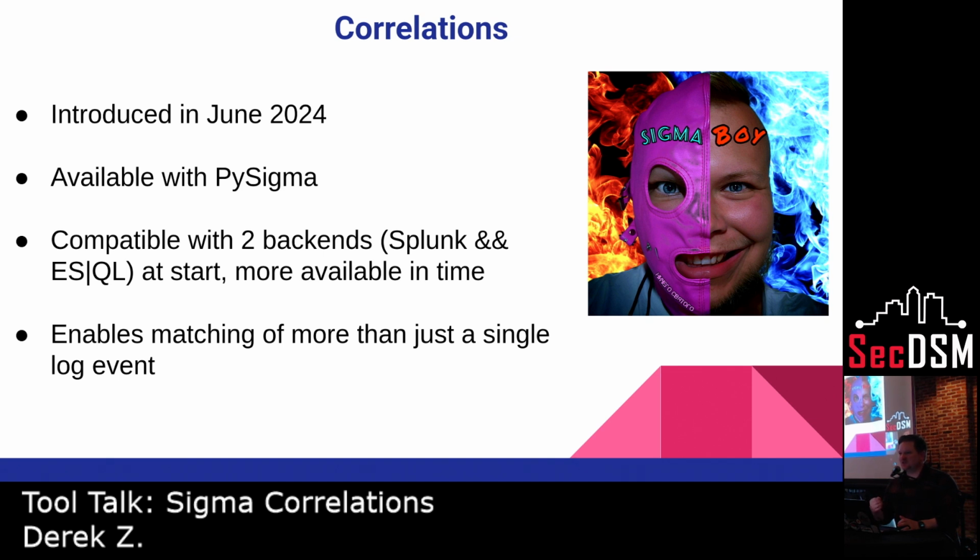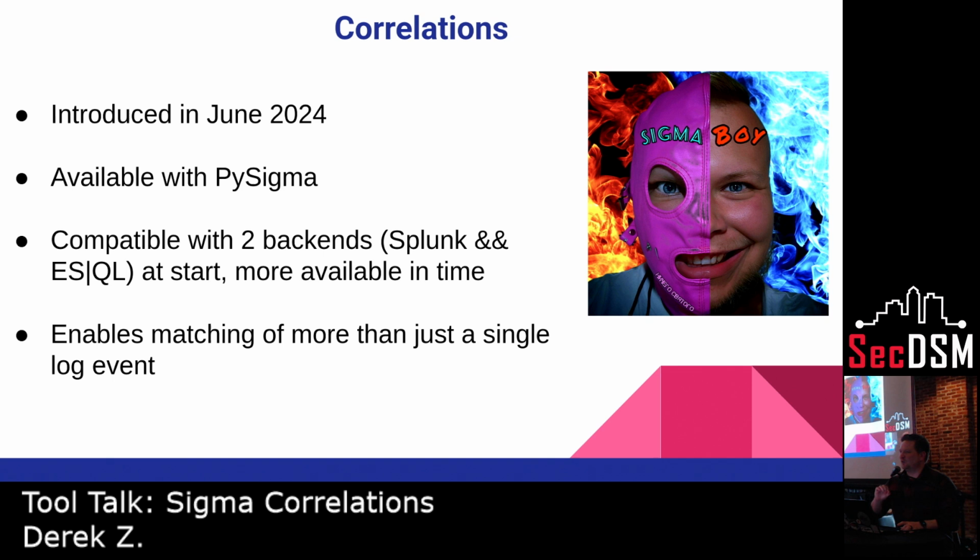It was introduced early, I think in beta testing in early 2024, and formally introduced to the larger community in June of 2024. At the same time it was introduced in the command line interface for Sigma, which is Sigma CLI or PySigma. It was compatible with two backends, which are Splunk and Elasticsearch Query Language.